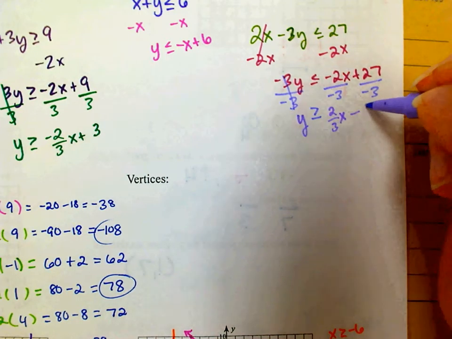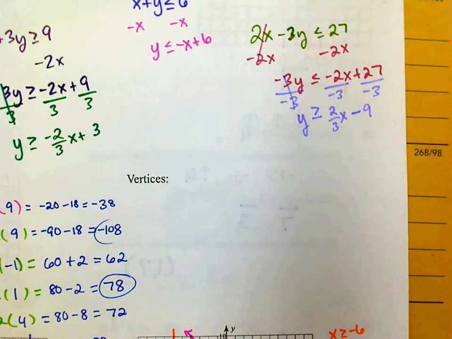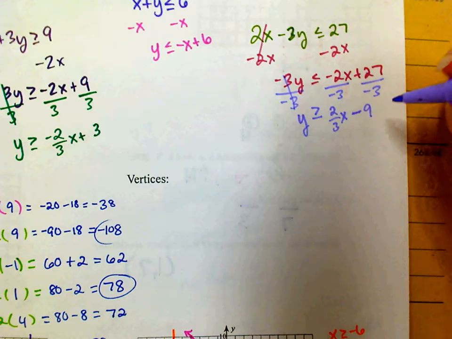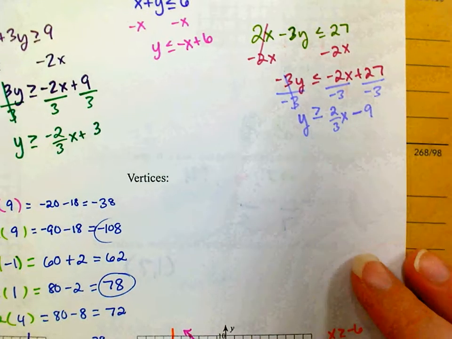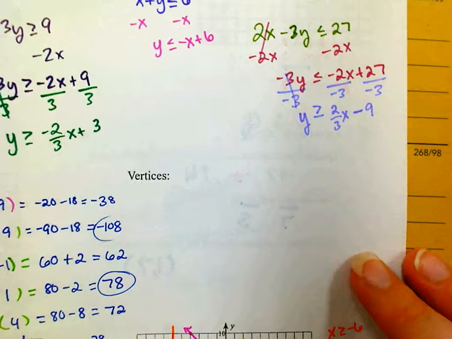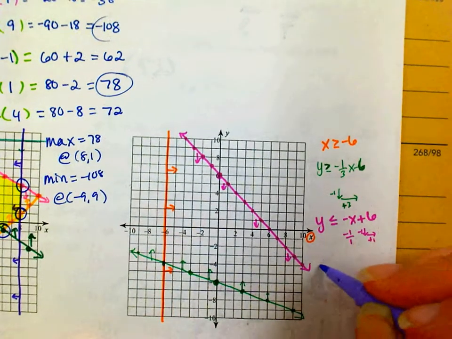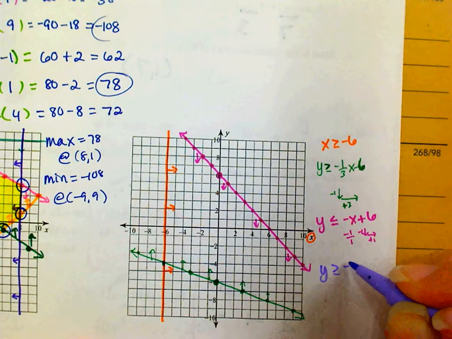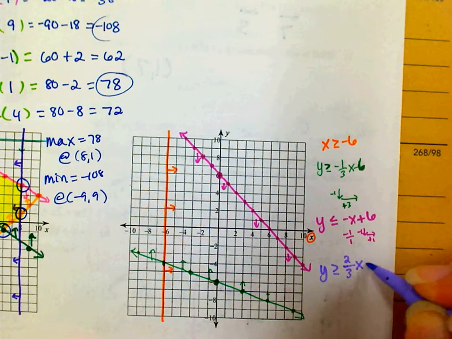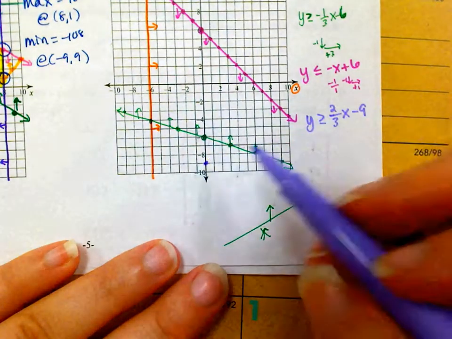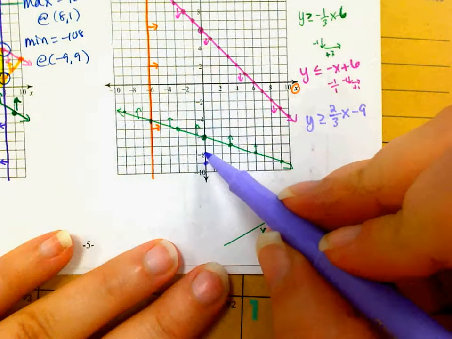So negative divided by negative is positive, so that's a positive 2/3. 27 divided by negative 3 is a negative 9. Y is greater than or equal to 2/3 x minus 9. So I'm going to go to negative 9 on the y-axis, and 2/3 is my slope, up 2 and over 3, up 2 and over 3, up 2 and over 3.